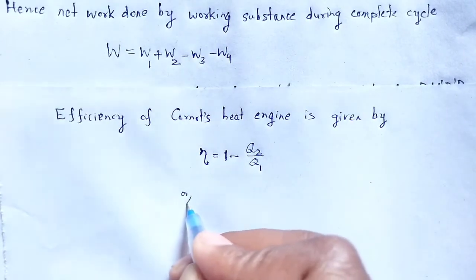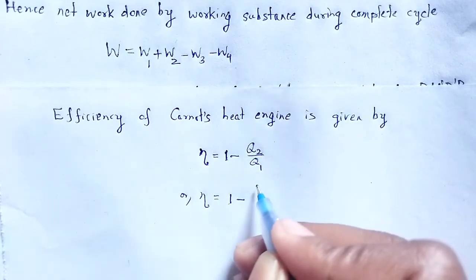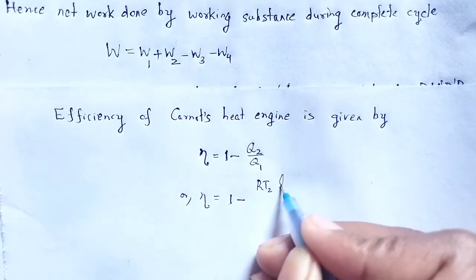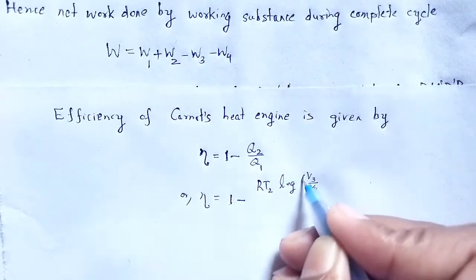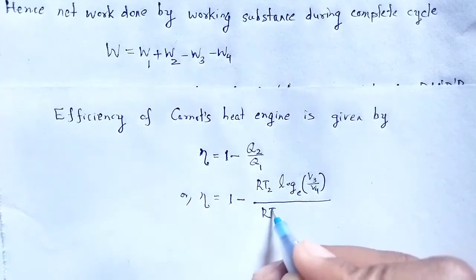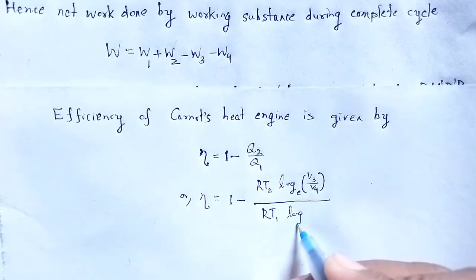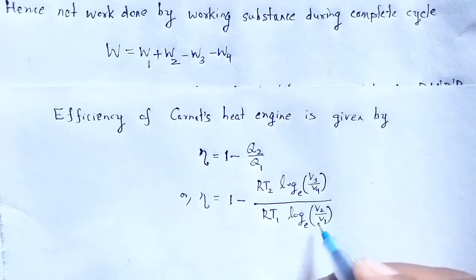So eta is equal to 1 minus, in place of Q2, R T2 log V3 by V4 base e, divided by R T1 log V2 by V1 base e.